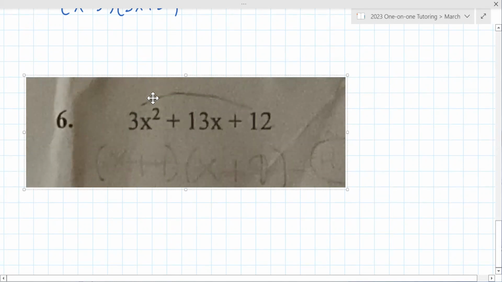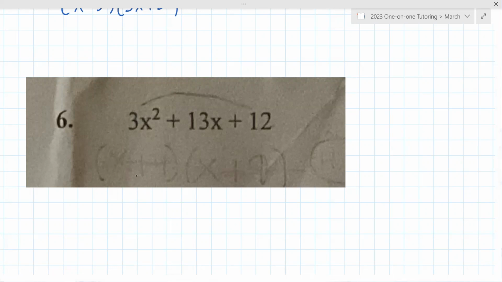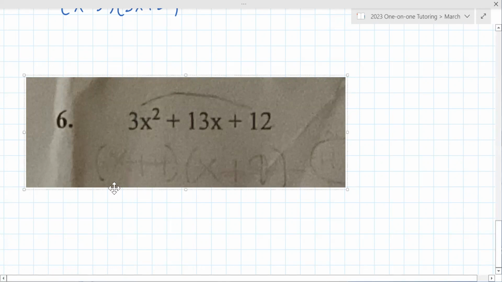I would probably go 9x plus 4x because the 9 pairs better with the 3. Yeah, 3x plus 4 and x minus 3.